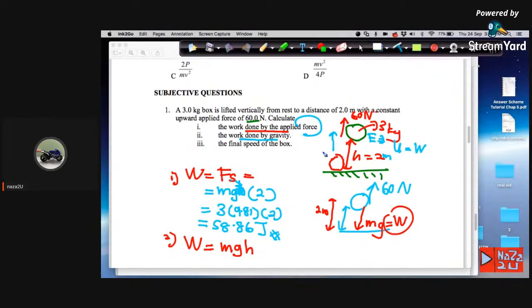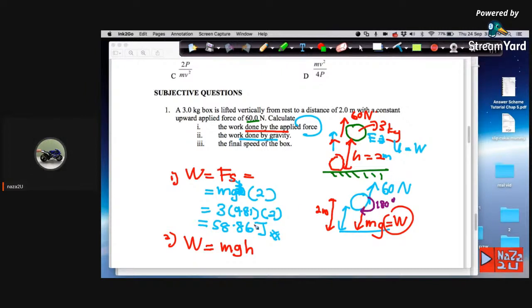Tetapi kalau kita tengok dia punya displacement, distance tu ke atas, dia daripada bawah naik ke atas, tetapi weight force itu ke bawah. So kita tengok kat situ mesti ada apa? Kalau kita tengok dia punya angle kat sini pun, the angle di antara displacement dia ke atas, dengan dia punya W, weight force ke bawah tu, dia mesti opposite, ataupun angle sini 180 kan.